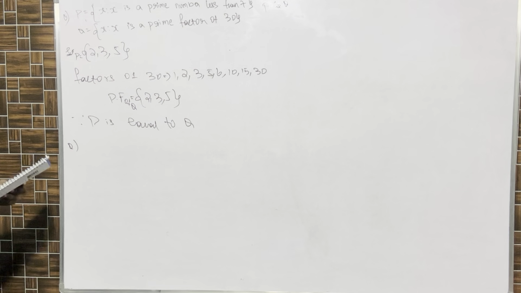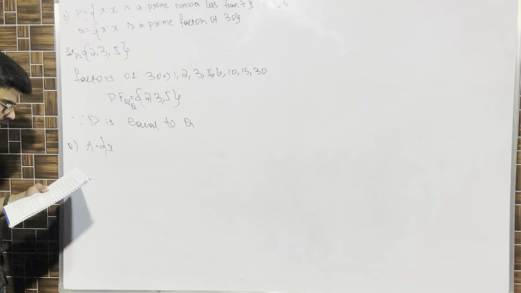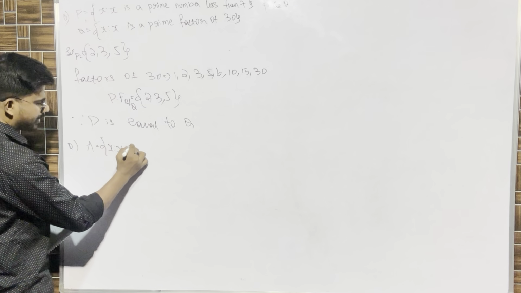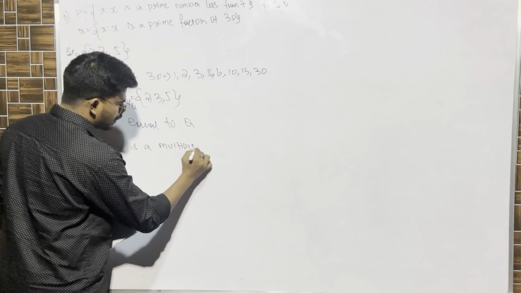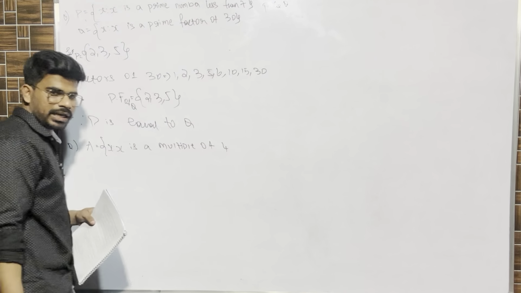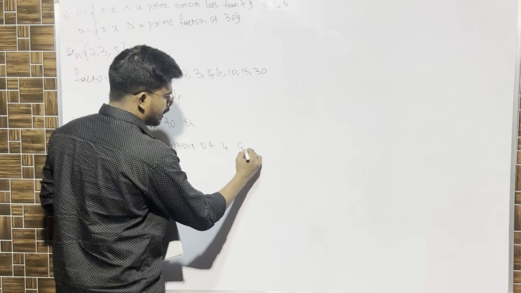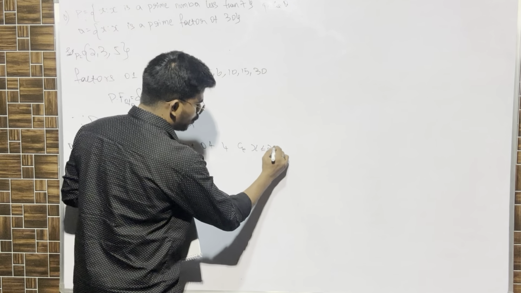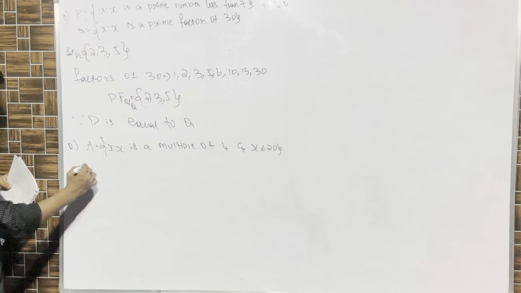X is a multiple of 4 less than or equal to 20. A is a set wherein X is a variable such that X is a multiple of 4. Multiple in the sense they have to be within a certain limit, and the limit is X is less than or equal to 20. This is the first set. Next, second set.